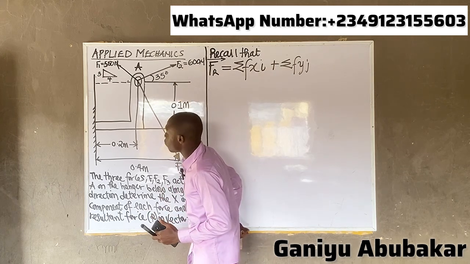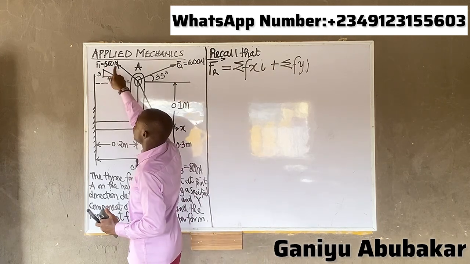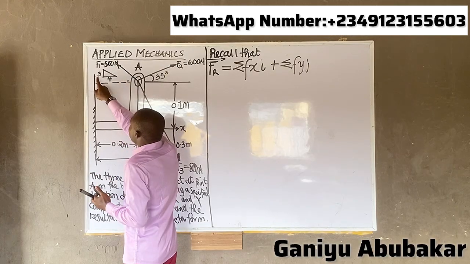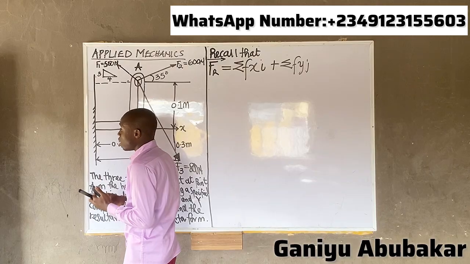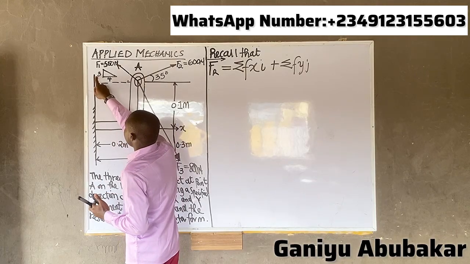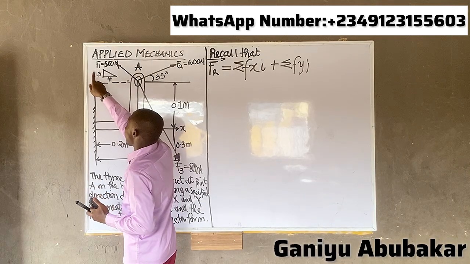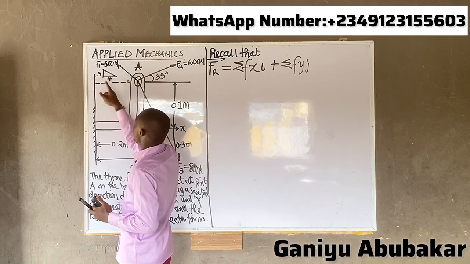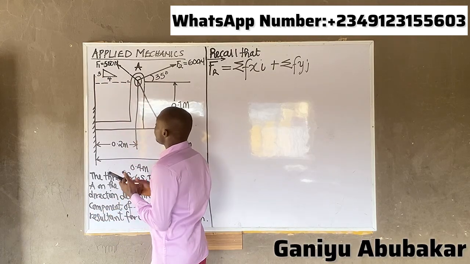But observe F1. F1 is 500 Newton, but an angle is not given. I'm given a right triangle where 3 and 4 are the opposite and adjacent. I'm not given the angle here. So what will be the task?